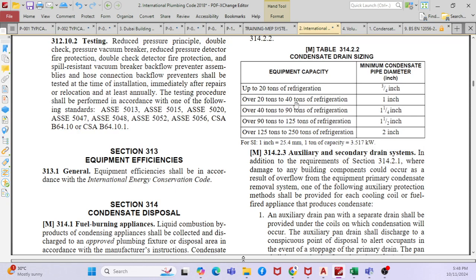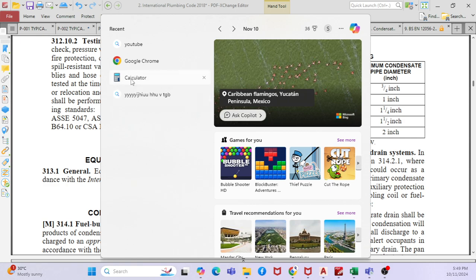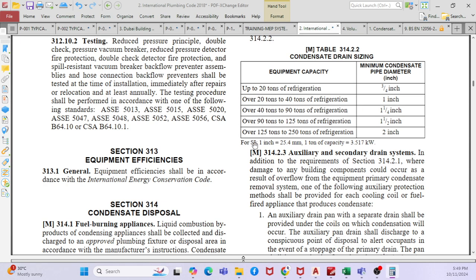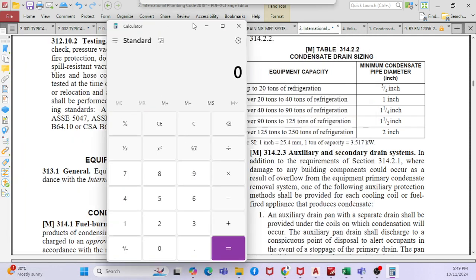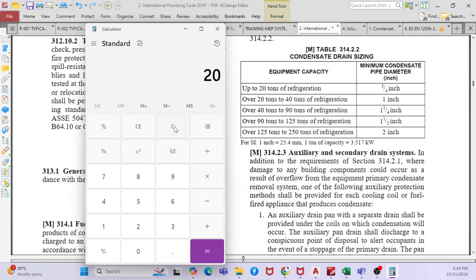Say for example, 20 tons is nothing but 20 multiplied by 3.56, around 71.6 kilowatts. Up to a 71.6 kilowatt machine, I can use 3/4 inch, which is nothing but 20 mm, right? So up to 70 kilowatts, you can use 20 mm.